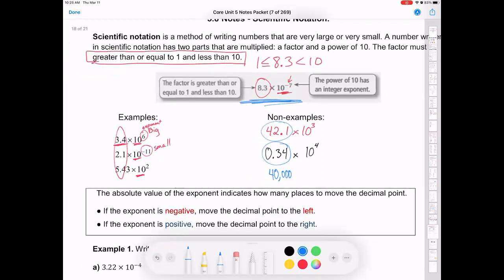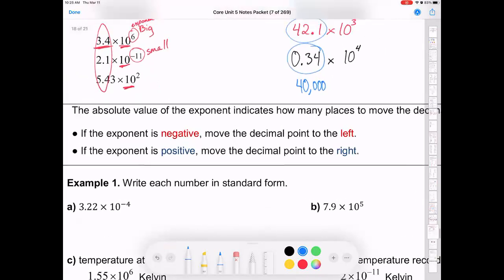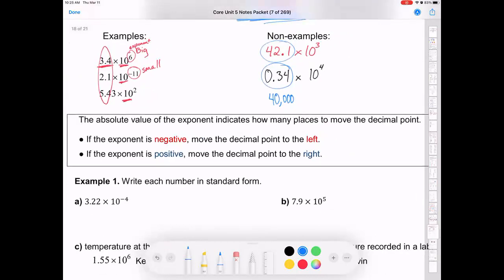Next up, this is really key, and this is really how we do scientific notation. The absolute value of the exponent indicates how many places you're going to move the decimal place. Today we're practicing moving the decimal place. If you have a negative exponent, you're going to move it to the left.